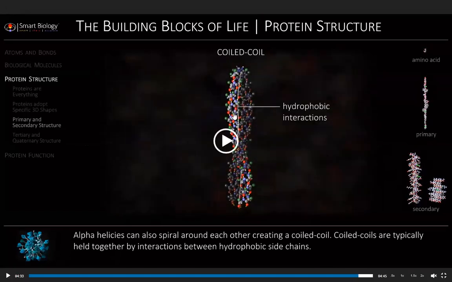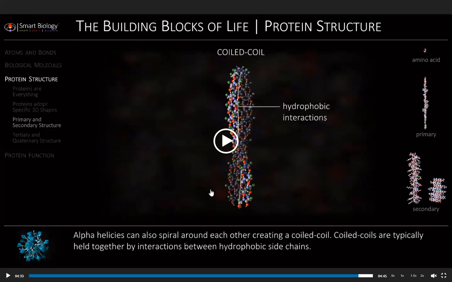This hydrophobic interaction would entail the formation of hydrophobic interactions between hydrophobic amino acids. The hydrophobic side chains of amino acids such as tryptophan, tyrosine, and phenylalanine would be located at this junction, which allows two of these alpha helical chains to come close together to form what is known as a coiled coil structure. They can be from the same protein, but more commonly they are from different polypeptides.